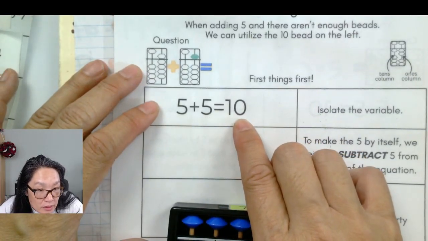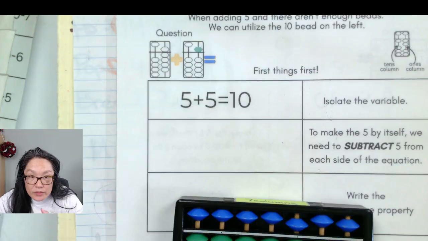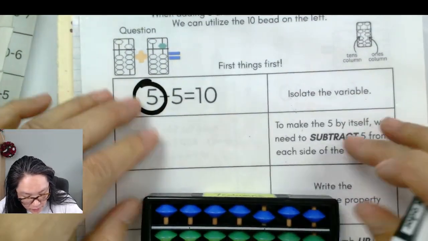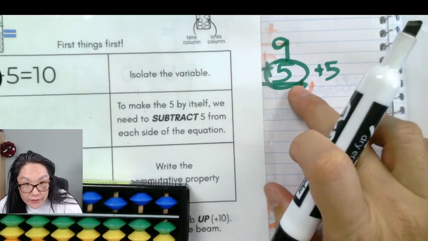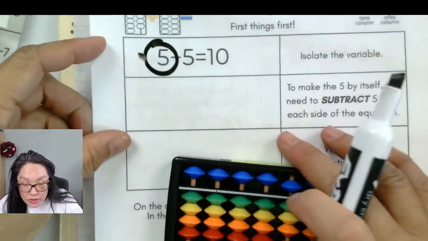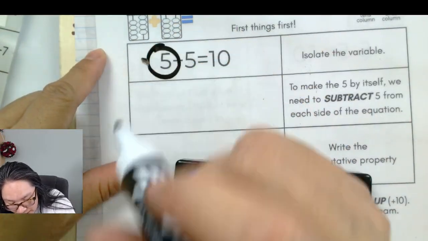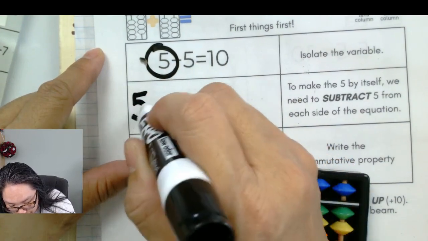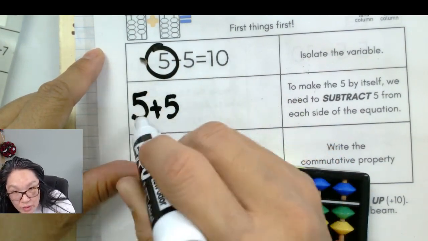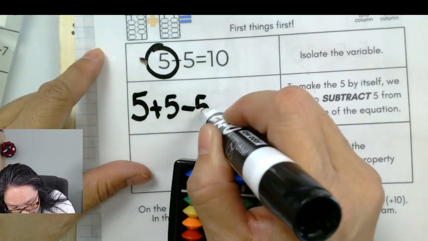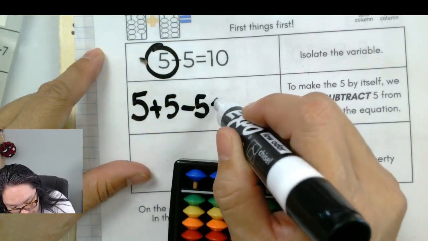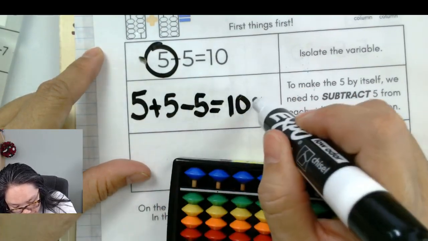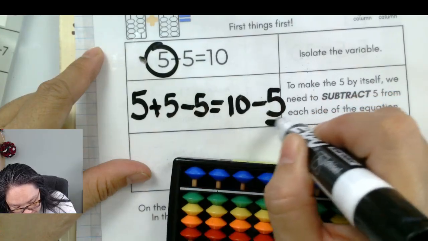We know that, right? So what we're going to do is isolate the variable. Why? Because the question is plus 5. Sometimes it helps to do this: plus 5 is the original question, and then we need to minus the 5. I don't know if this helps, I'm just testing it out. Notice this 5 and this 5.